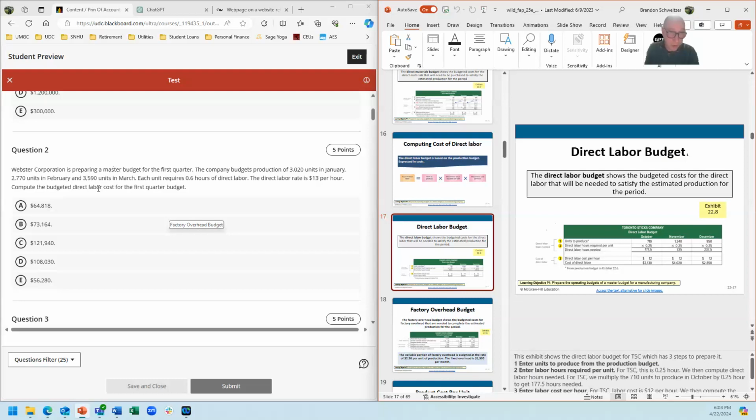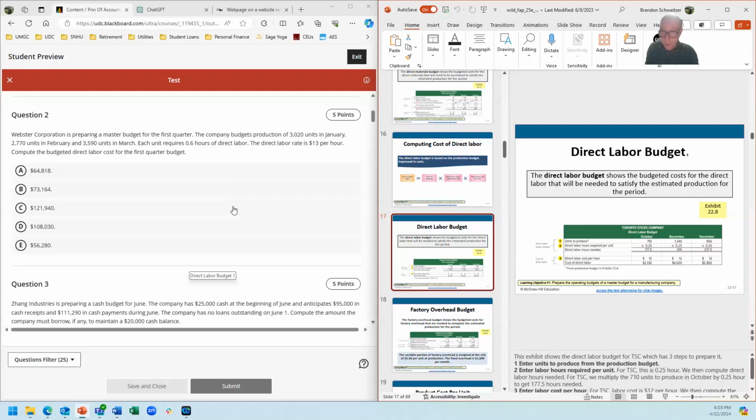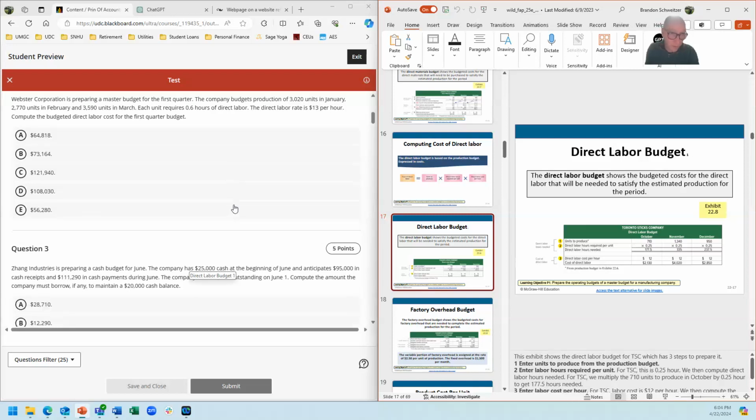Compute the budgeted direct labor cost for the first quarter. That follows this exact example on this slide, direct labor budget. So question 2, direct labor budget, chapter 22. All you do is follow those 3 steps. You got it.